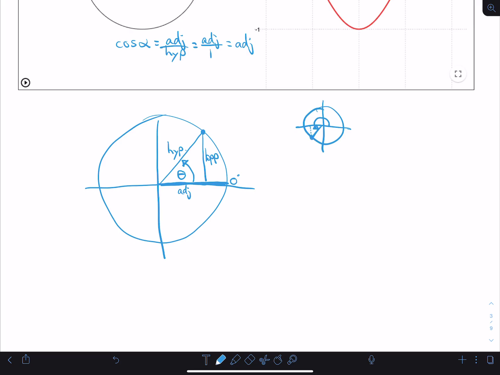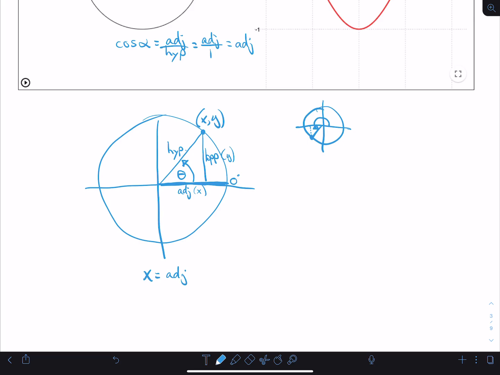You can also think of this as an XY coordinate system here, and if you think of it that way, the x coordinate, okay, so remember the adjacent side is the x, the opposite side is the y value. So the x value would be equal to the adjacent side, right?